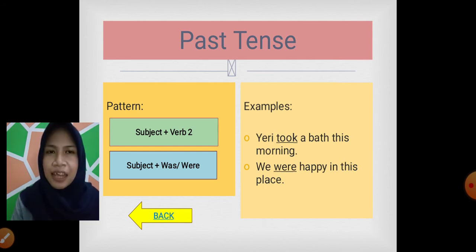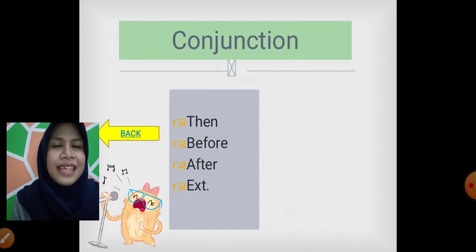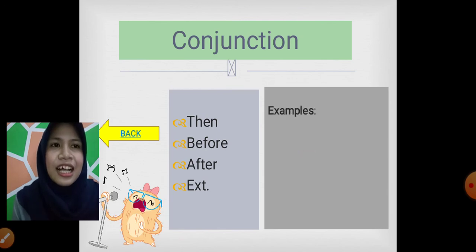Because this is past tense, we use verb two. So Yeri is the subject and took is the verb. The second example, we were happy in this place. Because it doesn't have a verb, we use to be. The to be is were. Okay, understand?